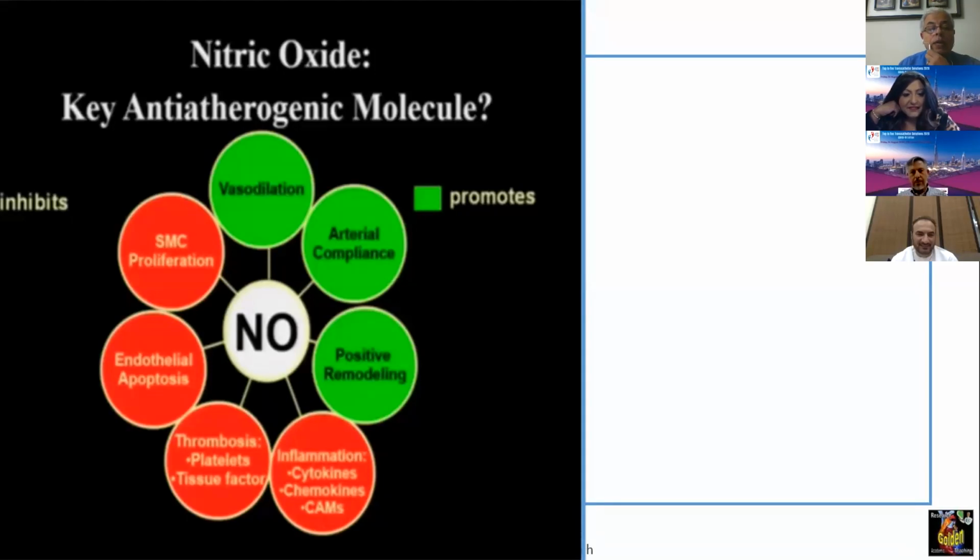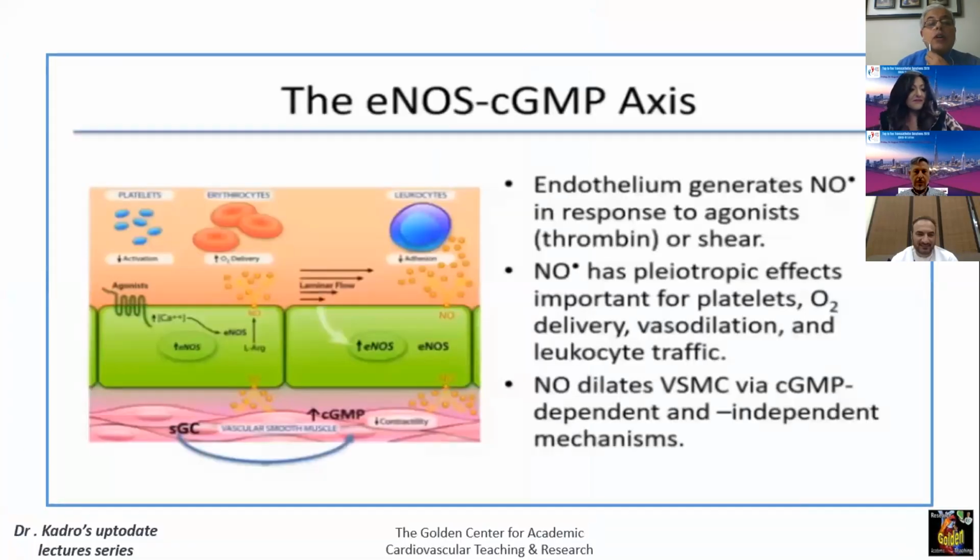It also prevents the secretion of tissue factor when it's intact. However, when the endothelium is really damaged, it releases tissue factor. Also, nitric oxide prevents inflammation and production of cytokines. So this is the effect of nitric oxide production through the enzyme called endothelial nitric oxide synthase.